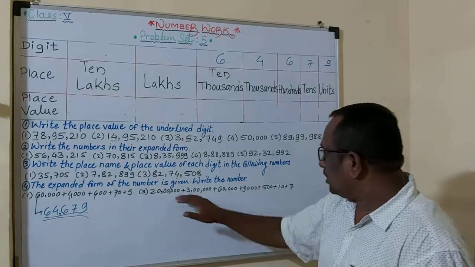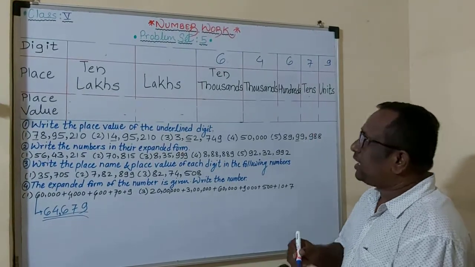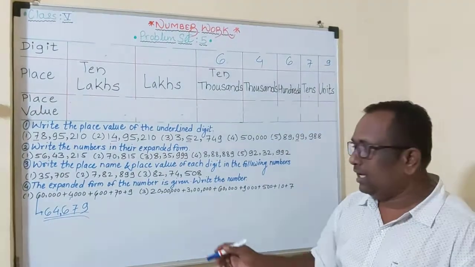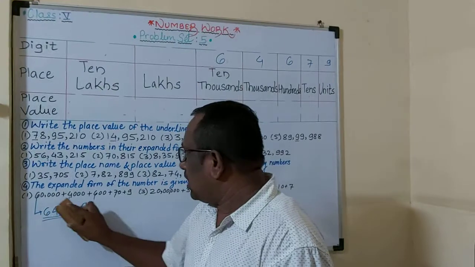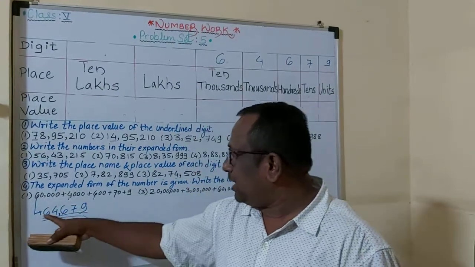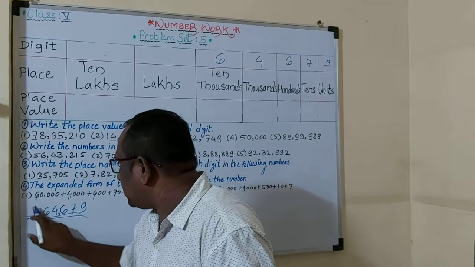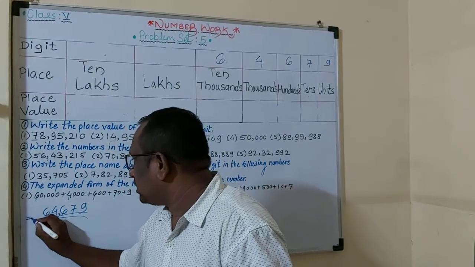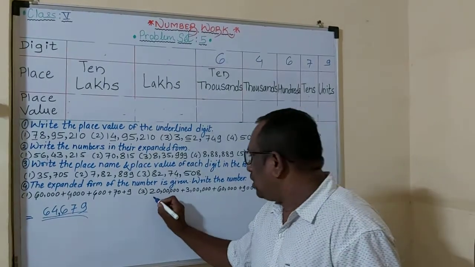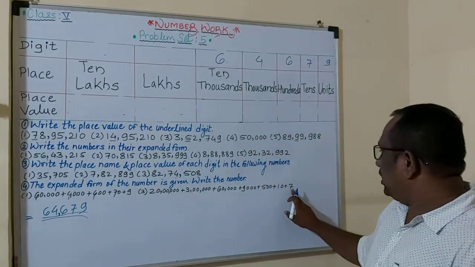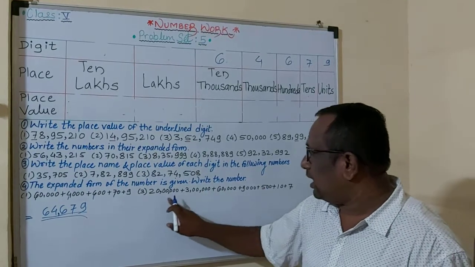Now this one. We will not take the help of this. We will solve it directly. And in the notebook also, students, you have to write the example and then directly the answer on the next line below. Now we will solve this one. See here, unit, 10s, 100s, 1,000s, 10,000s, lakh, and 10 lakh.